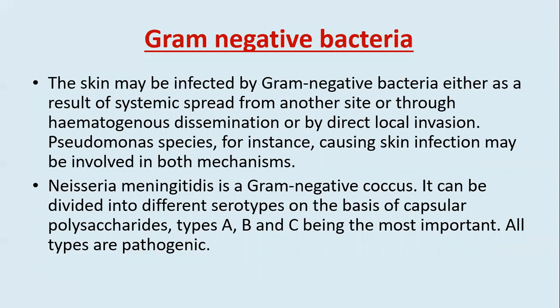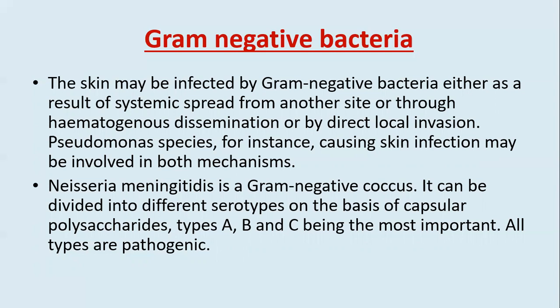Now we are going to discuss the skin infections that are caused by gram-negative bacteria. This results either from systemic spread from another site, through hematogenous dissemination, or by direct inoculation. Pseudomonas species, for instance, cause skin infection by both mechanisms.